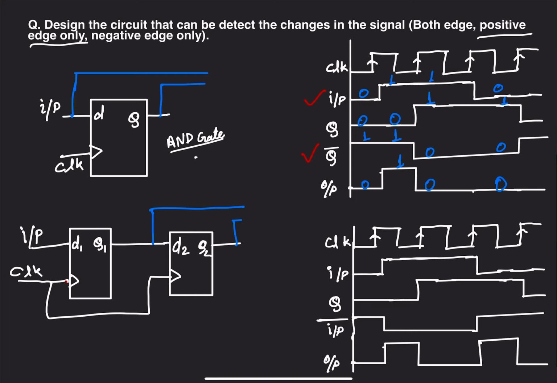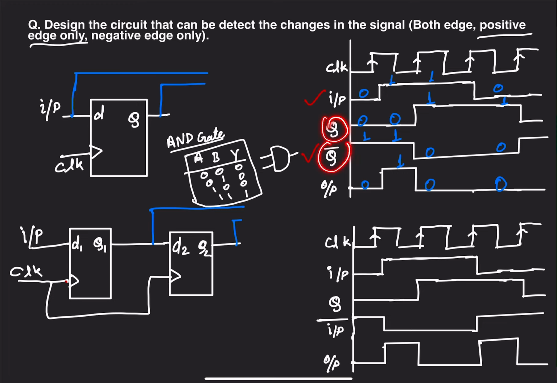See the table, A, B, and Y: 0 0 0, 0 1 0, 1 0 0, 1 1 1. So this is the truth table of the AND gate, and the symbol of the AND gate is this one. So we have to add an AND gate here as an output detection, but before that we have to make Q to Q bar.